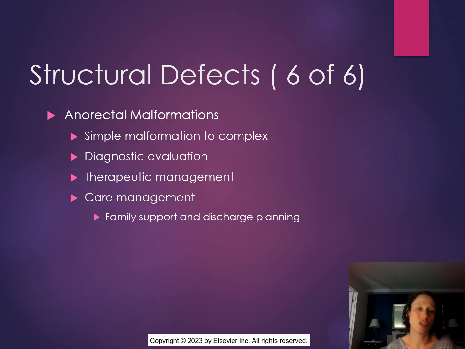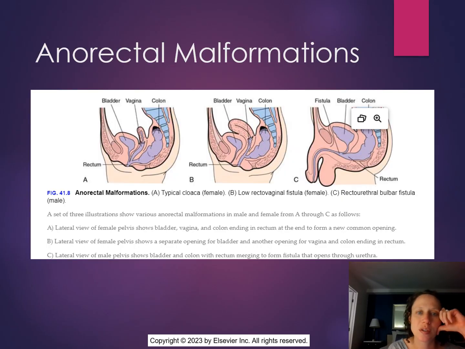Anorectal malformations, we're going to have a picture in just a second. It all depends on just how bad it is. You can see when you have the colon, vagina, and urethra all going to the same hole. And then you have the other one where the vagina and colon go to the same hole.